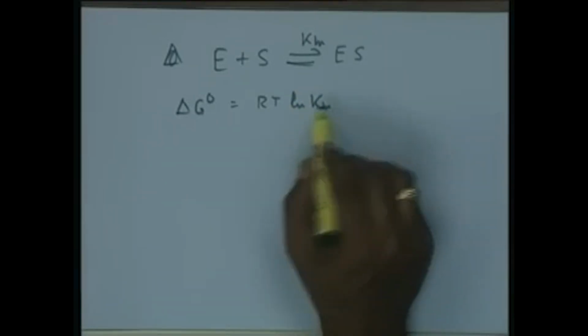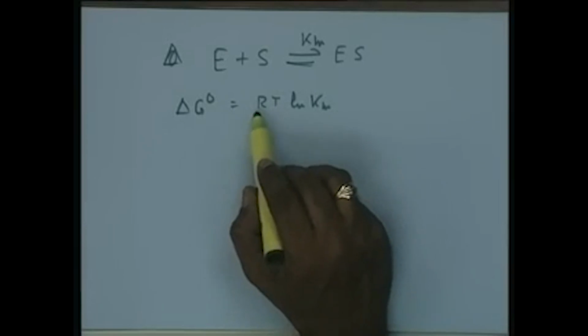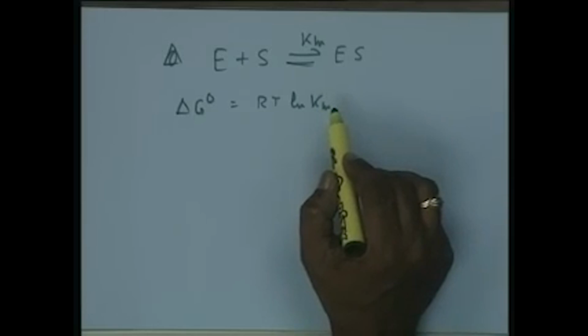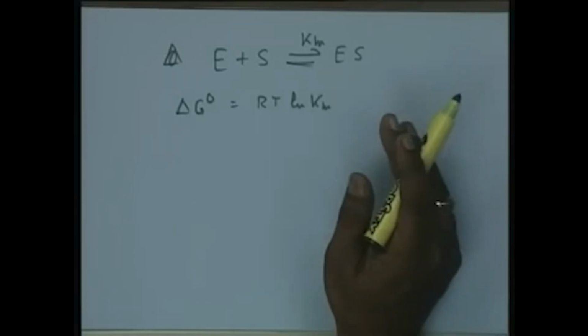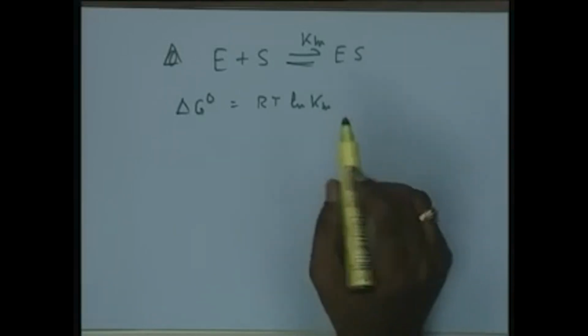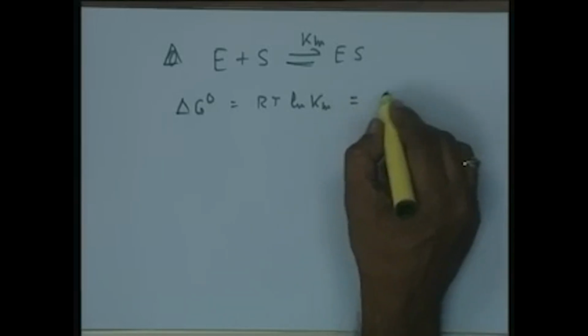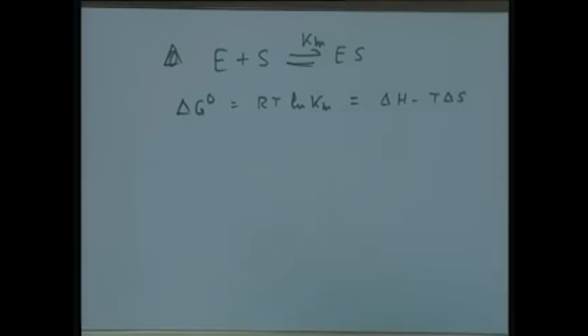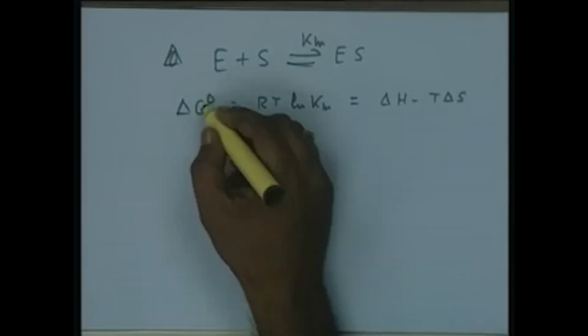Note, I have purposely removed the minus sign from here, as Km essentially is not the equilibrium constant, it is the dissociation constant, almost like the inverse of that, and which again can be equated to delta H minus T delta S.